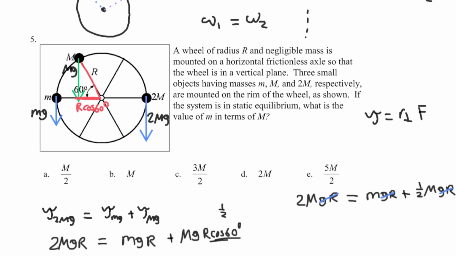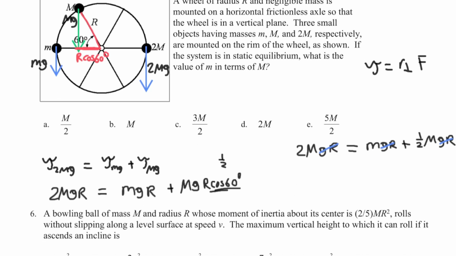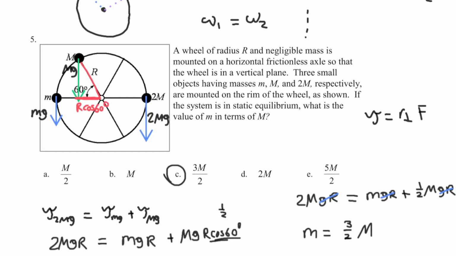And we want to solve for little m. So little m is just going to be equal to 2m minus 1/2 m, and that's just going to be 3/2 m. And that's going to be answer choice C. So that's a tricky one, but I think it's a good example.